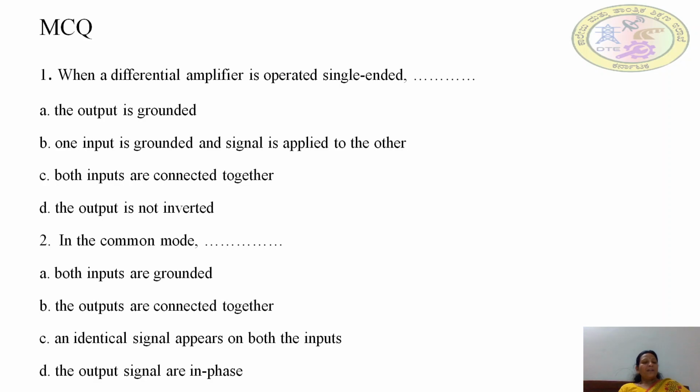So common mode means the same signal is applied to both the input terminals. So option C is the right answer. An operational amplifier can be operated in single-ended mode, common mode and differential mode. In common mode, an identical signal appears on both the inputs.